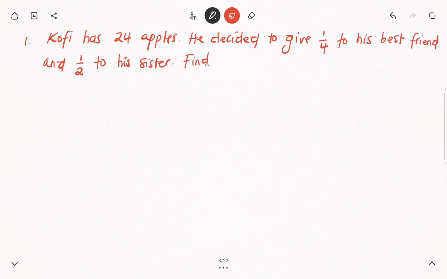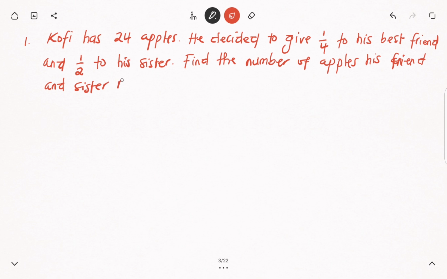Find the number of apples his friend and sister received respectively.